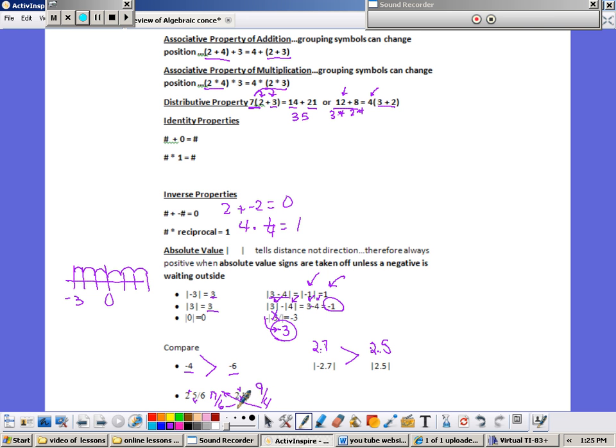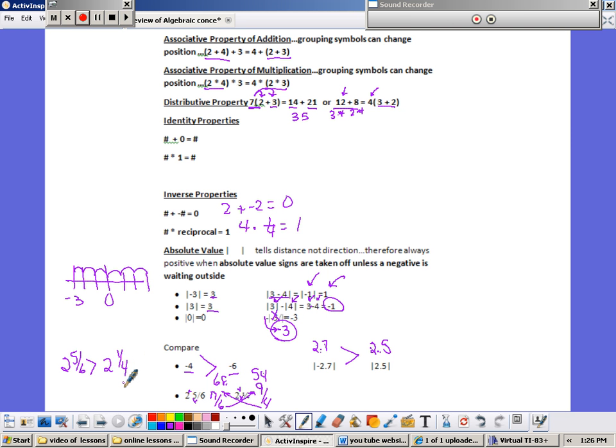And then you cross multiply. 17 times 4 is 68, and 6 times 9 is 54, and 68 is bigger than 54, so 2 and 5/6 is larger than 2 and 1/4.